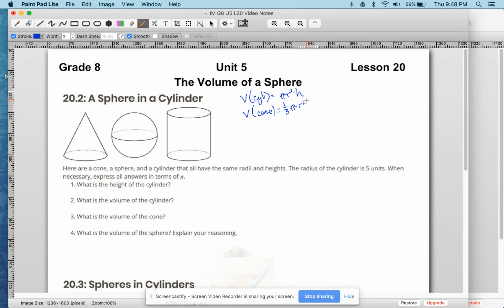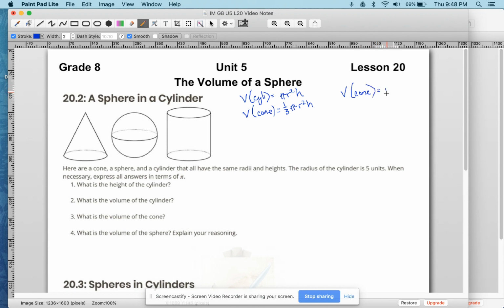And I do want to tell you, I noticed a lot of you are getting tripped up with that 1/3. So I do want to show you another way to look at it. Instead of multiplying that whole thing by 1/3, the volume of a cone could be looked at this way.